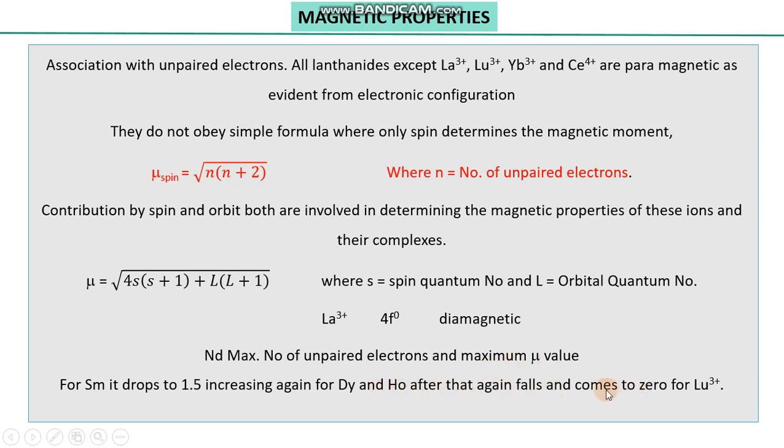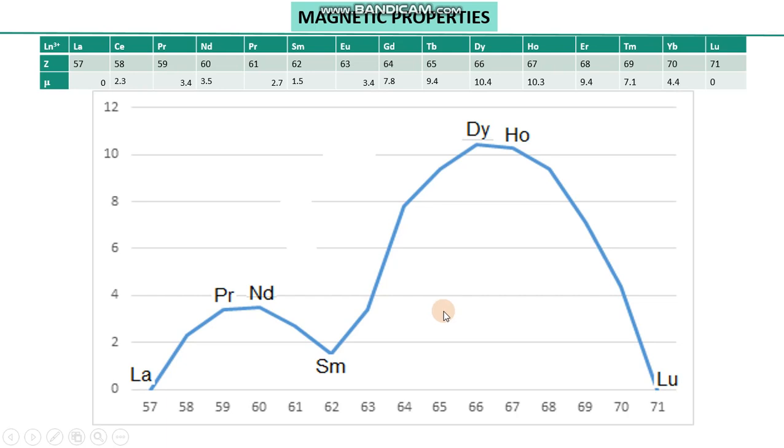Then again the properties decrease, and drop to zero for lutetium, where the electronic configuration of the lutetium +3 ion is well explainable on the basis of this zero magnetic property for the system.